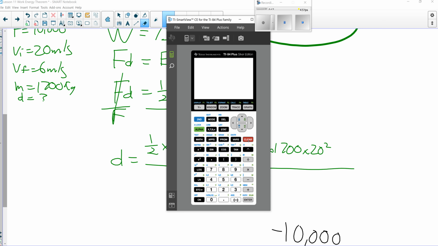I would go 0.5 times 1700 times 6 squared, get my number, minus 0.5 times 1700 times 20 squared. There's my negative number, the one that people didn't like. Divided by negative 10,000, or if you did just divide it by 10,000, you got negative 30.94. And that's fine. It was distance. We don't put a direction on distance, so you just wrote 30.9.